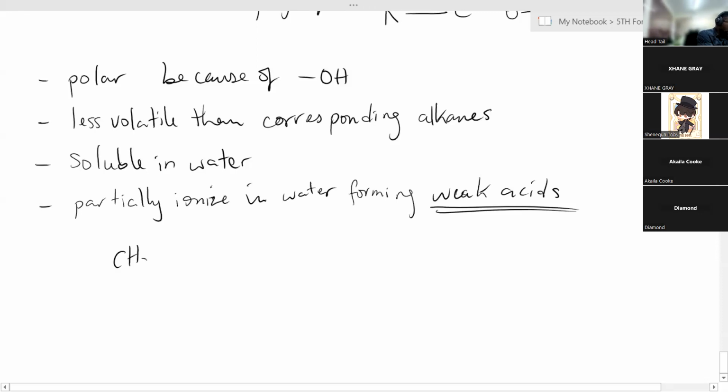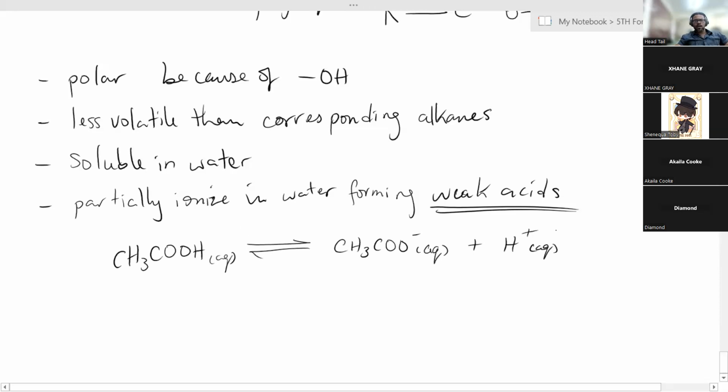We have a formula here, CH3COOH, in aqueous form, and what happens is it dissociates partially, and that's why we put a reversible reaction, to form CH3COO minus aqueous plus H plus ions, aqueous. So it forms an acid, but it's a weak acid that it forms.